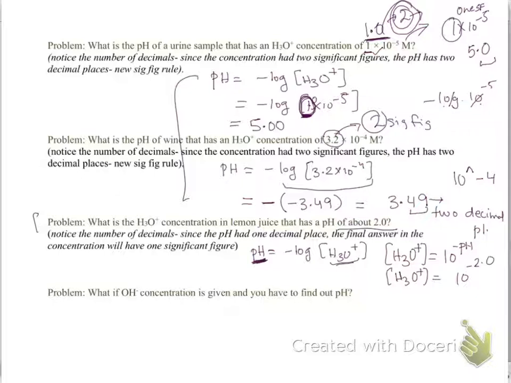Let's see what I get. All I'm doing is putting 10 to the power negative 2.0, and I'm getting 0.01. So let's put 0.01 first, whatever is showing in the calculator, and then we can decide about the significant figures.